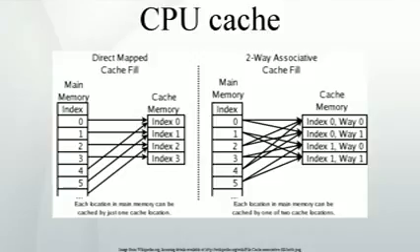Exclusive versus inclusive. Multi-level caches introduce new design decisions. For instance, in some processors, all data in the L1 cache must also be somewhere in the L2 cache. These caches are called strictly inclusive. Other processors, like the AMD Athlon, have exclusive caches.